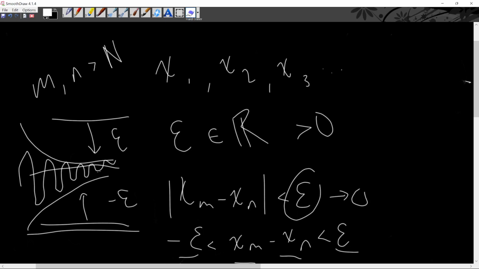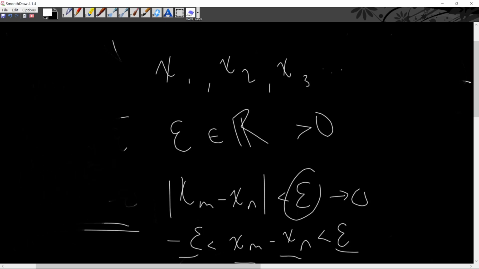So it can be a very small value. And as epsilon is decreasing, the amount of tolerance that is afforded to x sub m minus x sub n is also decreasing. So yeah, that is a Cauchy sequence, just a sequence that is being bounded by epsilon. At least that's the way I sort of think of it. It's probably not the best way of understanding it, but it's acceptable for our collective knowledge.